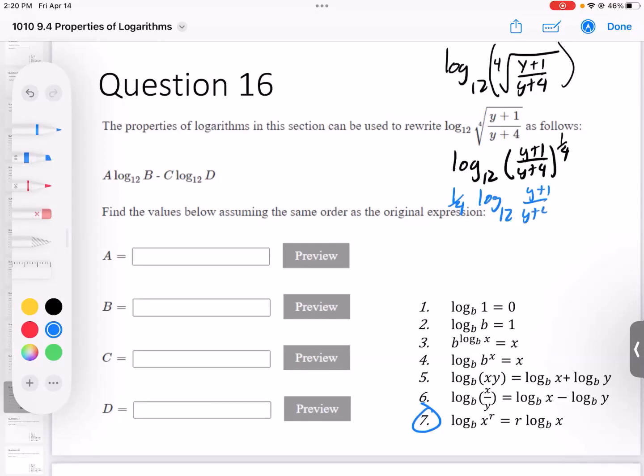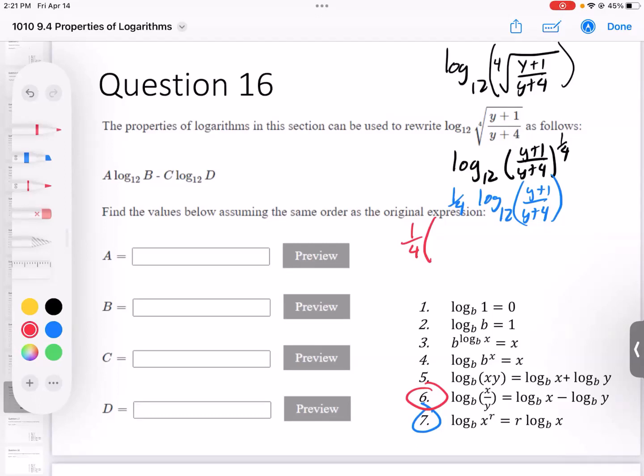And now my outermost operation is division, because that's the last thing I would do here. According to my division rule, I can rewrite this with the 1/4 multiplied by the whole thing, because the 1/4 was multiplied by this whole logarithm.